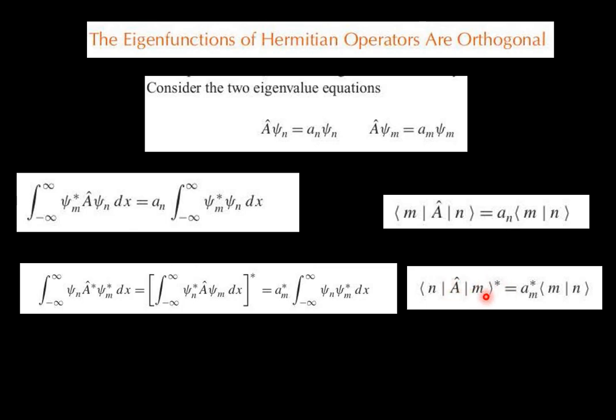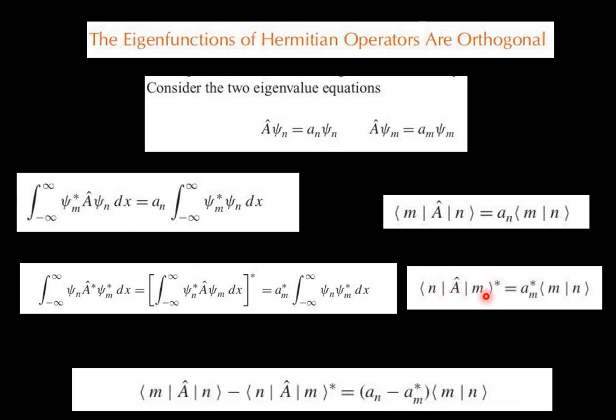Okay. Now what do we do? We subtract this from that. So on the left we get mAn minus nAm star, and on the right we get An mn minus Am star mn. So this is the final result of the subtraction. So let me write it again in this slide.